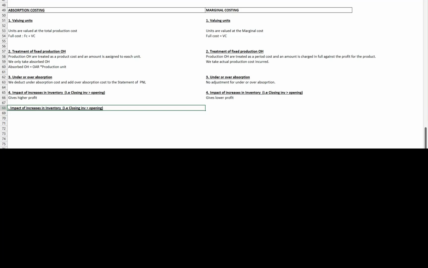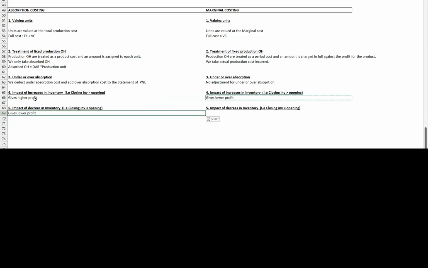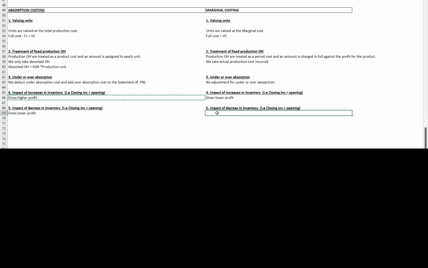So by decreasing inventory, what I mean to say is your opening is greater than closing. Right. So now the impact will be vice versa. It means it will give you lower profit in case of absorption and higher profit in case of marginal. Right.